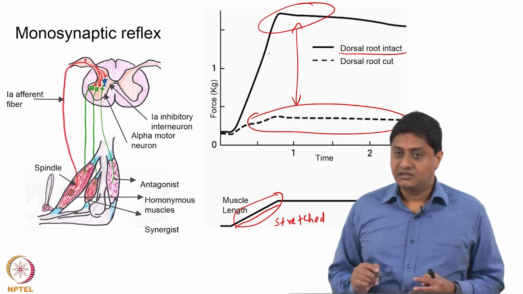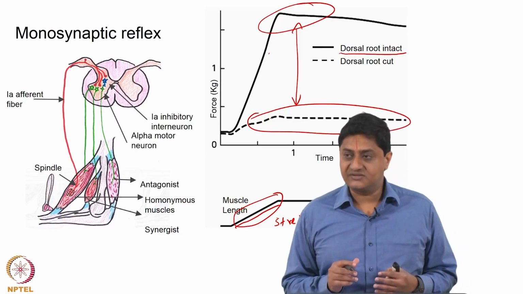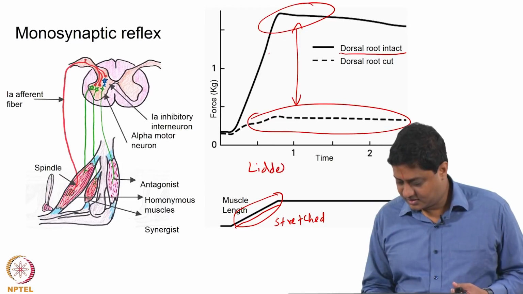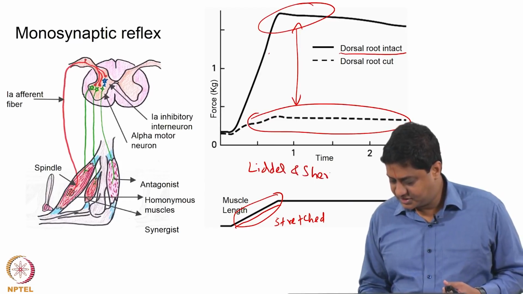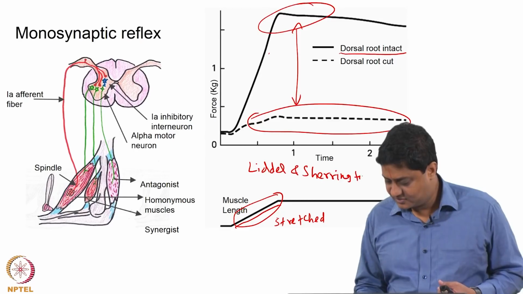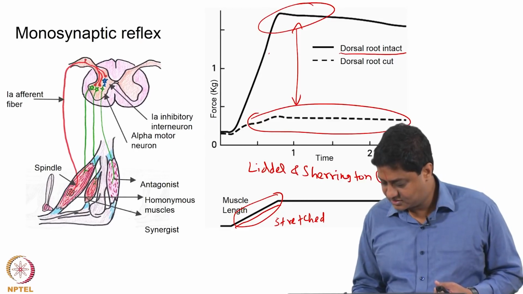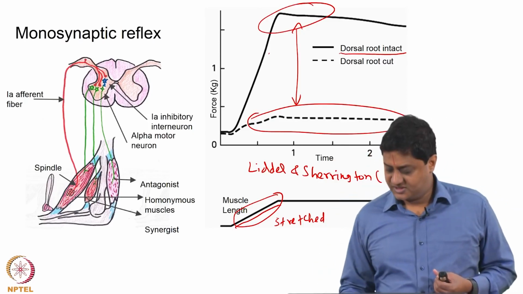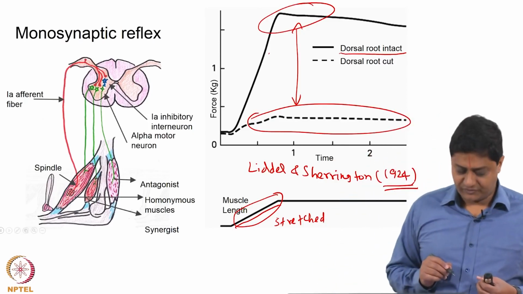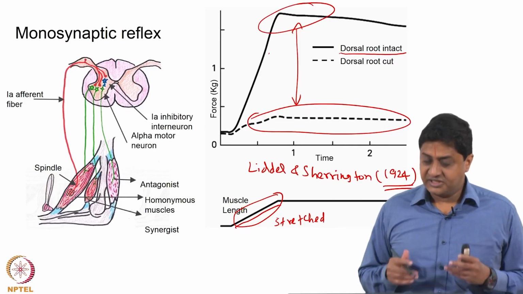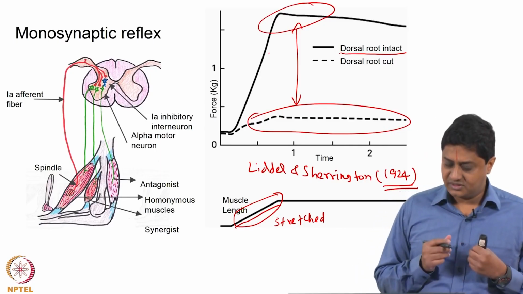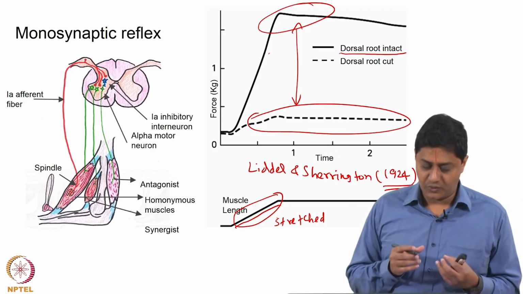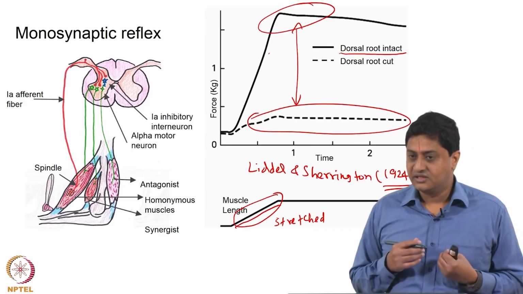This means that the dorsal root forms an essential part of this. This is data from 1924 from Liddell and Sherrington, for the first time showing that the information coming from the dorsal root plays a crucial role in modulating the reflex responses.